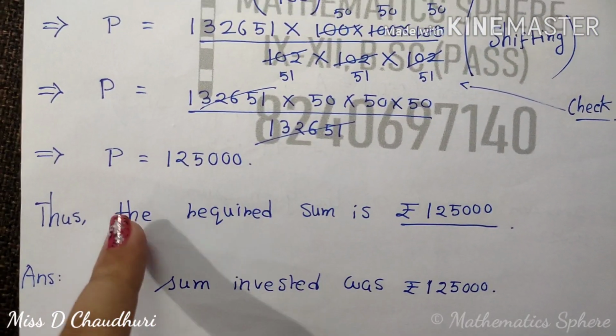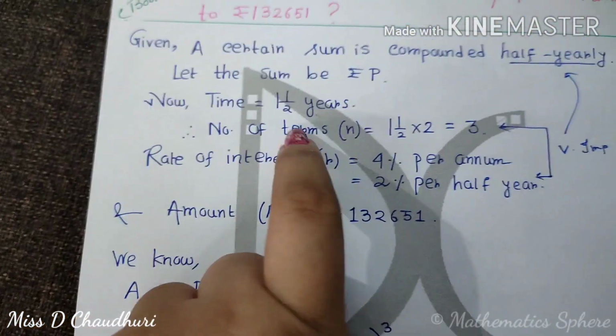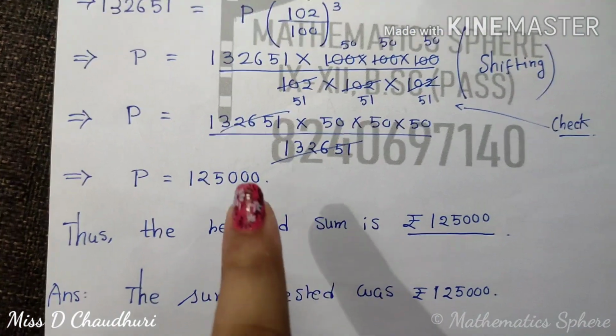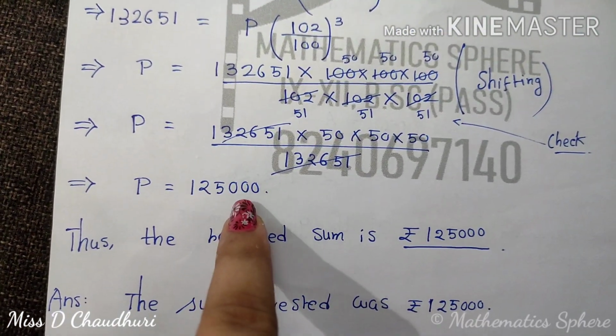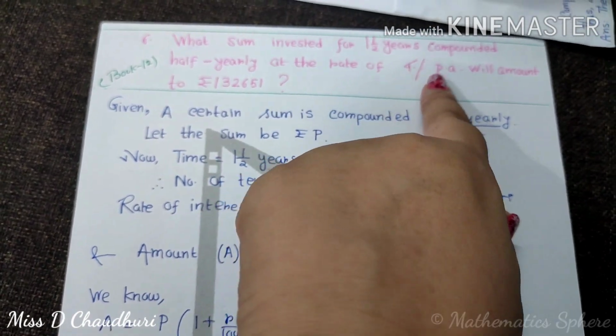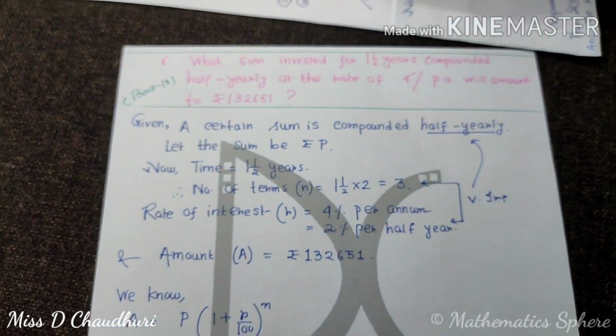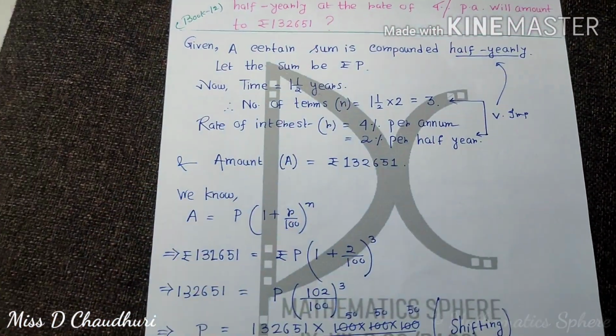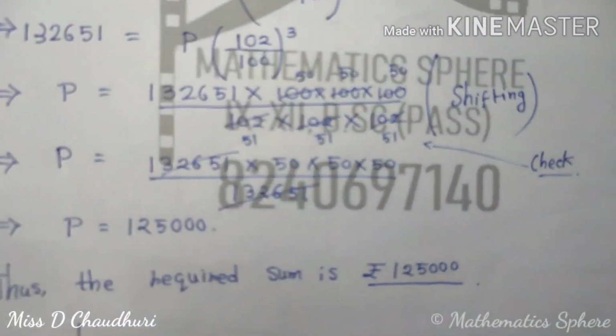So this P was what the sum was. It means 1,25,000 rupees kept for 1.5 years at 4% interest compounded half yearly amounts to 132651.